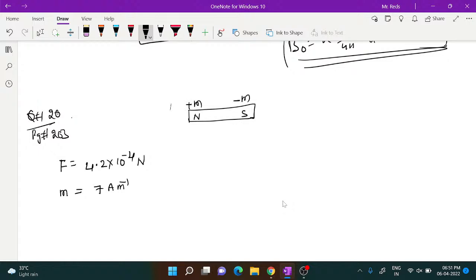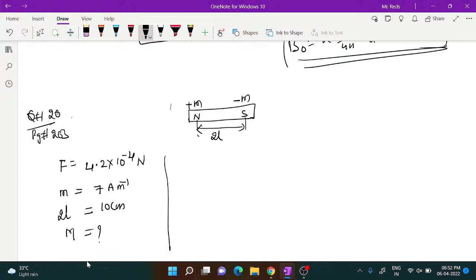The distance between the poles is nothing but our 2L, the effective length, not the geometric length. 2L is 10 centimeter. Then what is the moment of the magnet? We know the magnet is kept in a uniform magnetic field.